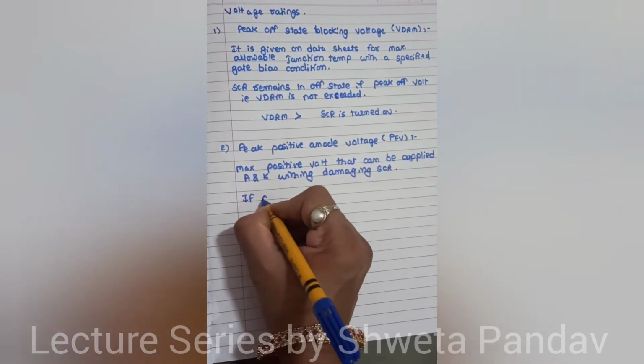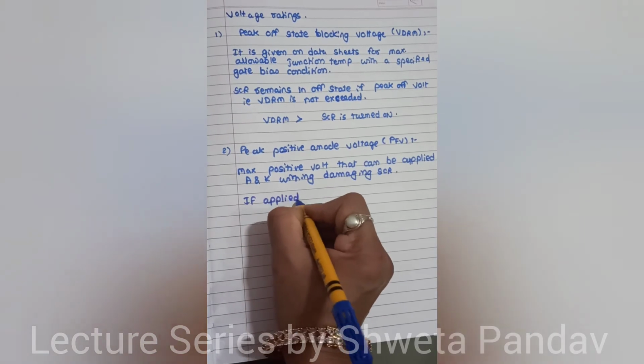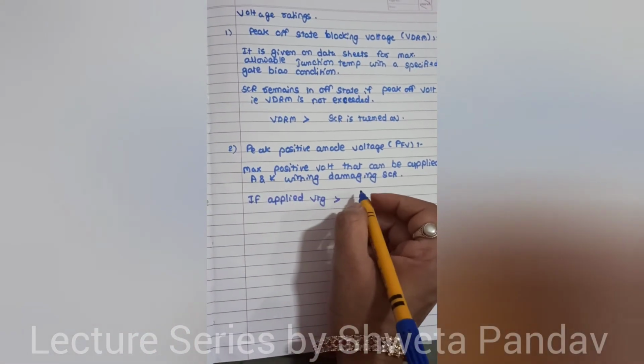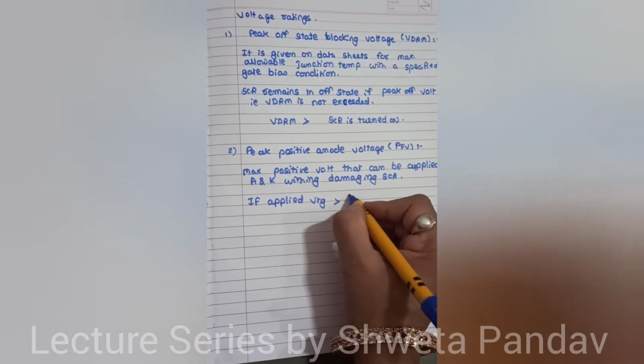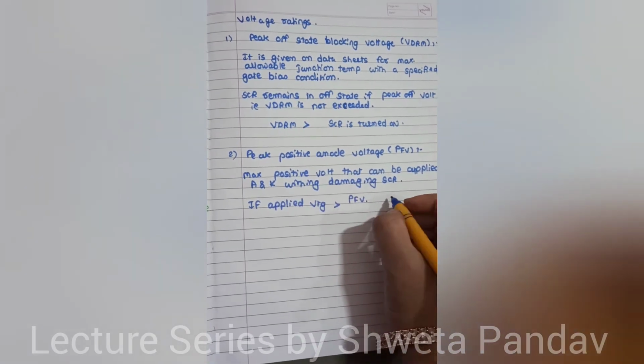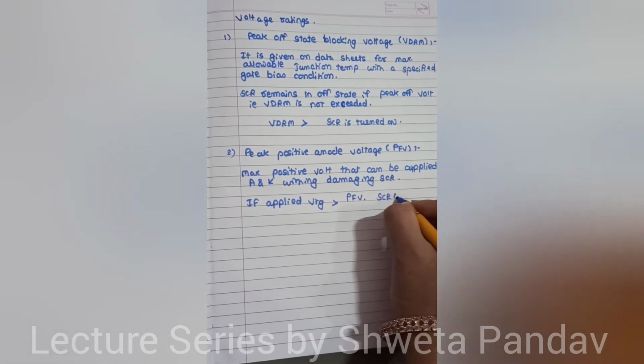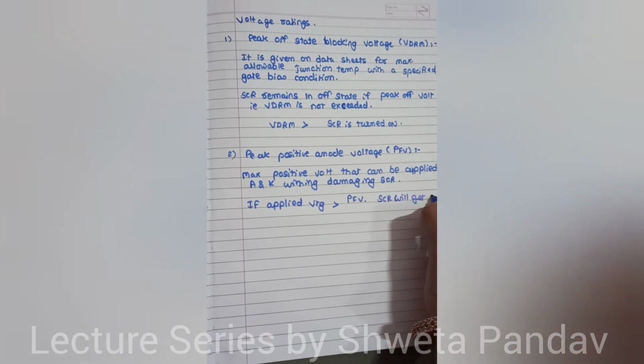If the applied voltage is greater than the peak forward voltage, then the SCR will get damaged.